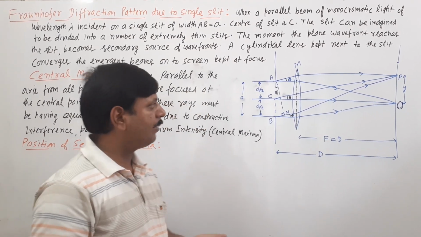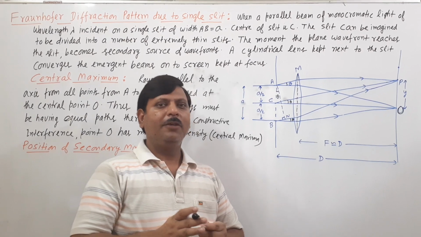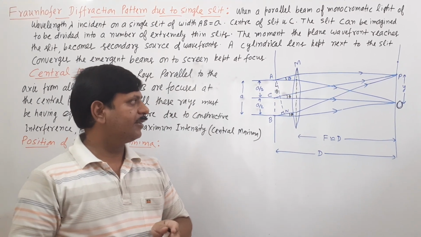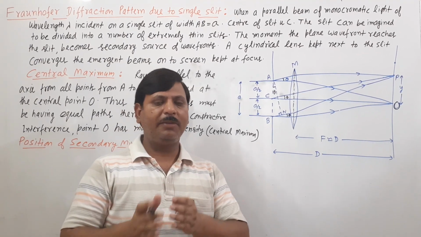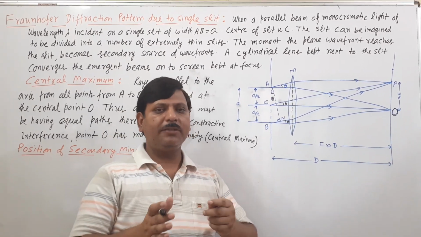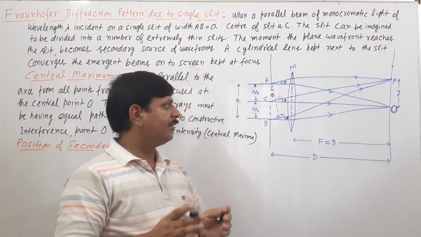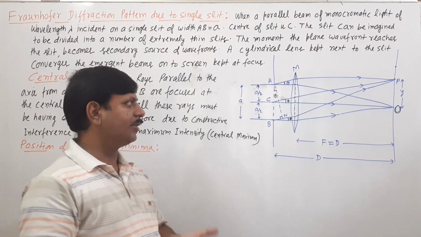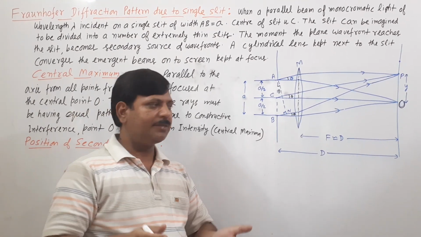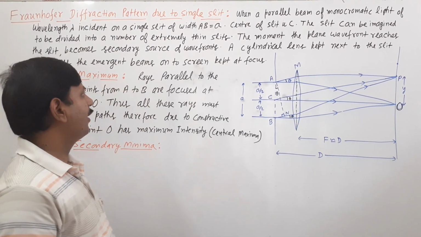Why? I have told you earlier, if the path difference is 0, crest will meet crest and trough will meet trough; all waves meet in the same phase, so constructive interference takes place, and point O has maximum intensity of the diffraction pattern. That's why it is called the central maximum.